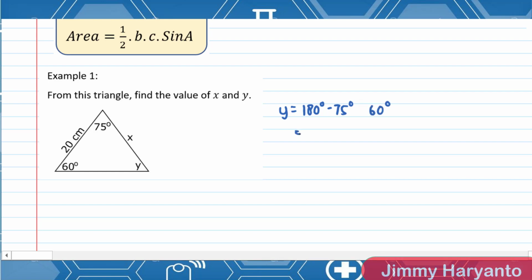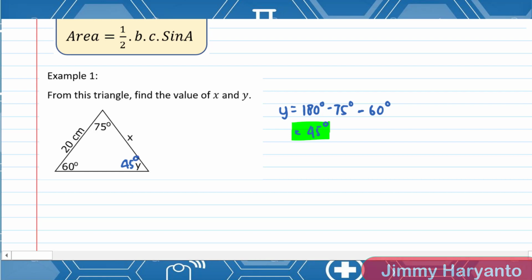So the result will be 180 minus 75 minus 60, which is 45. So we already have y. Because I have y, I will put it right here, 45 degrees.